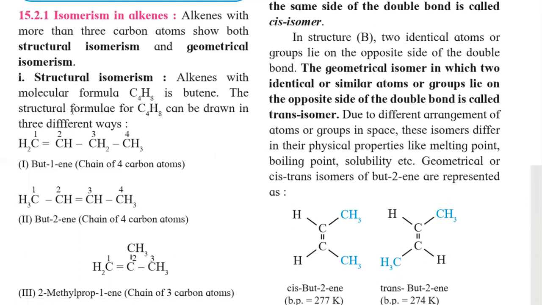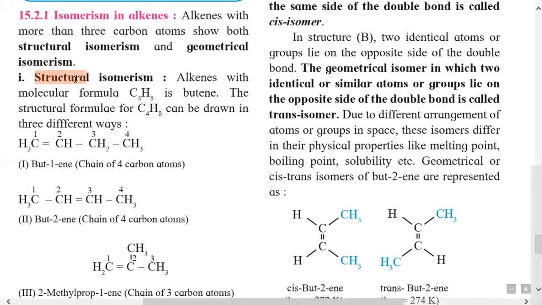In alkene, two types of isomerism are observed. One is structural isomerism and the other is geometrical isomerism. Remember both types of isomerism very well: structural and geometrical isomerism.